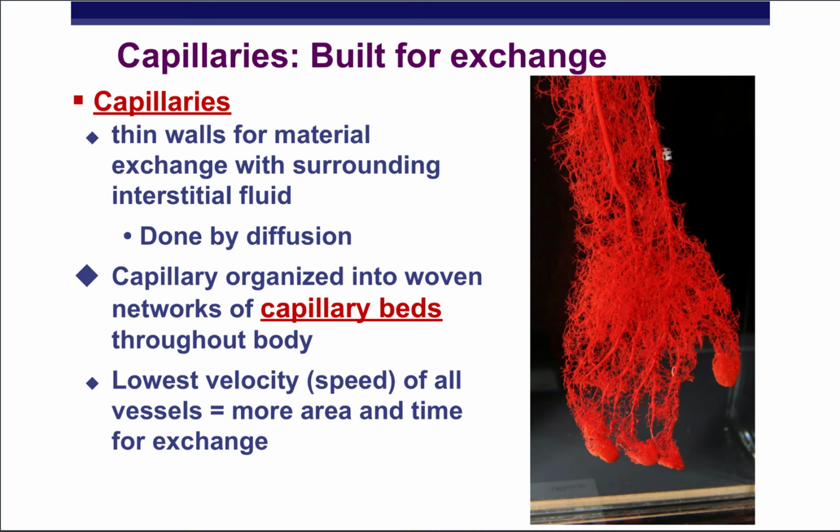So all those little spidery strands here, those are capillaries, helping to allow exchange of materials between your blood and your body. You'll notice the fingertips have the highest density of blood flow in your hands, because they have a lot of nerves that need to be fed, so your fingertips can be more sensitive to touch.